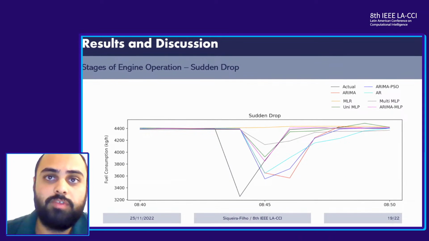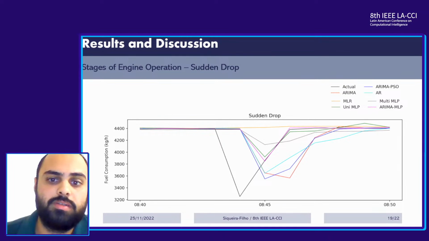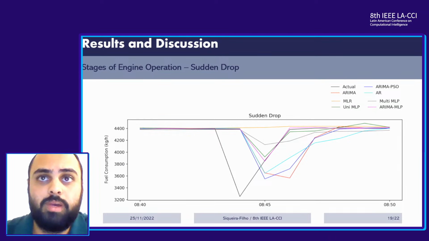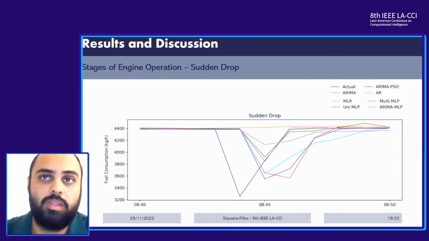And finally, one very important stage of operation is sudden drops in fuel consumption. It's clear that none of the models were able to predict this type of variation. However, in further studies, we were informed by the thermoelectric technical team that these sudden drops can be explained by an interruption in the fuel intake valve.